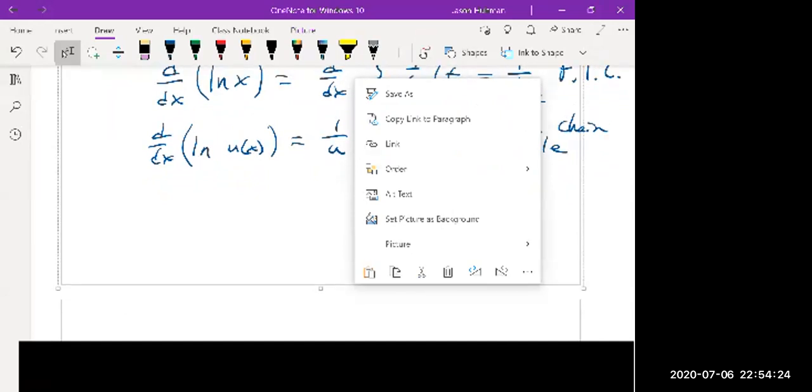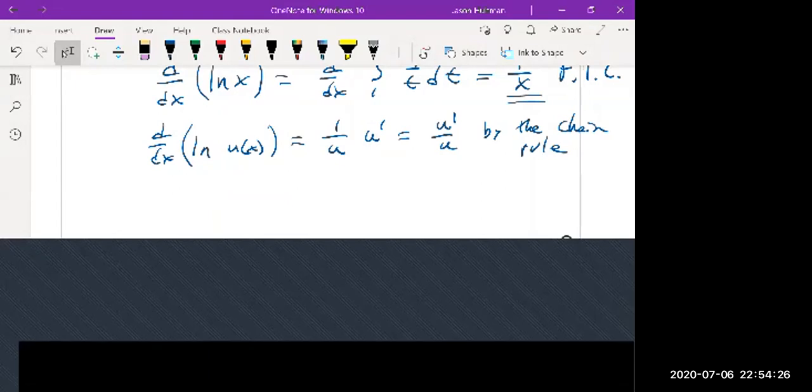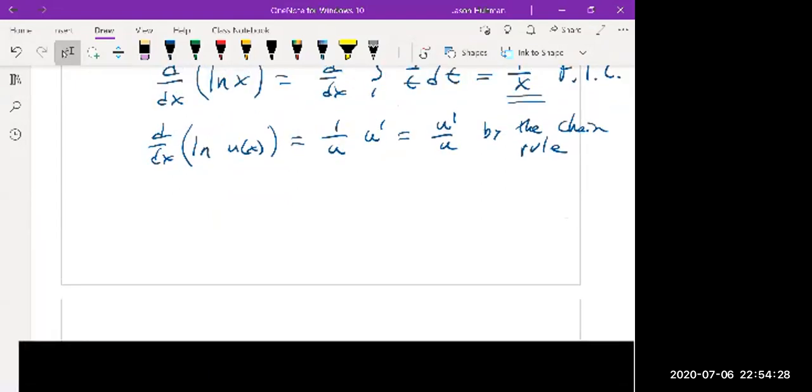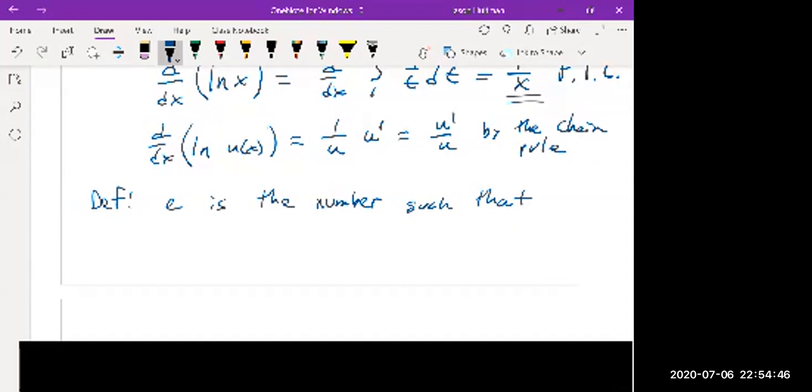Okay, let's do a definition here. e is defined as the number such that the natural log of e is equal to 1. We're going to define e as the number such that when I take the natural log of e, I get 1.